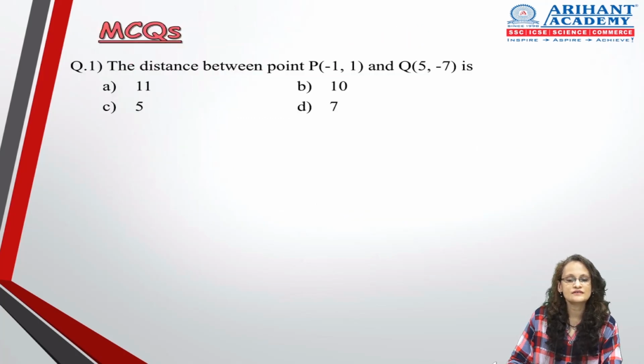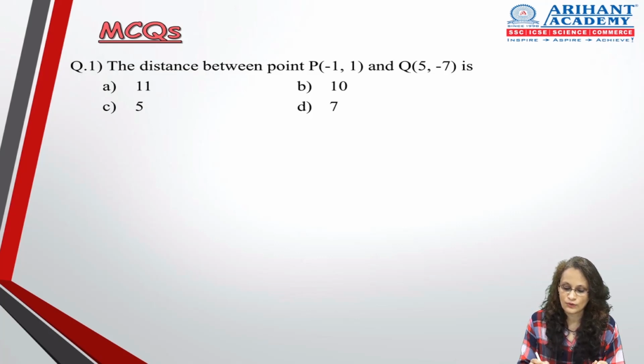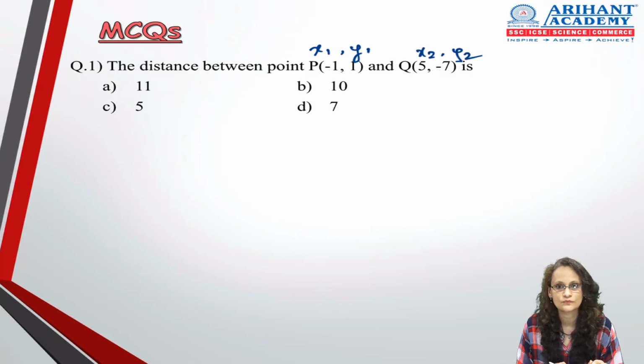So, the first MCQ which you can see on your screen is: the distance between point P (minus 1, 1) and Q (5, minus 7) is, and you need to find out the answer. Now there are 4 options given to you, so let us check which of them is our correct option. So what I'll do is I will call this P as (x1, y1) and the Q as (x2, y2).